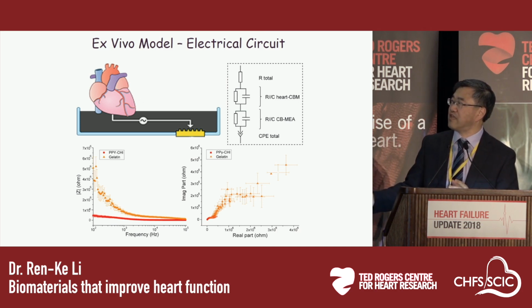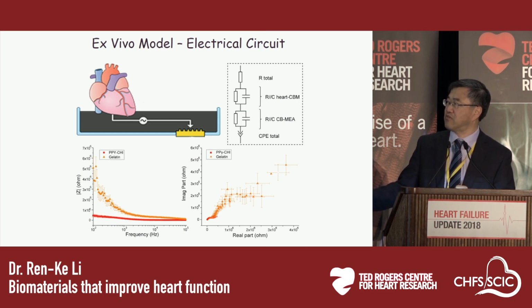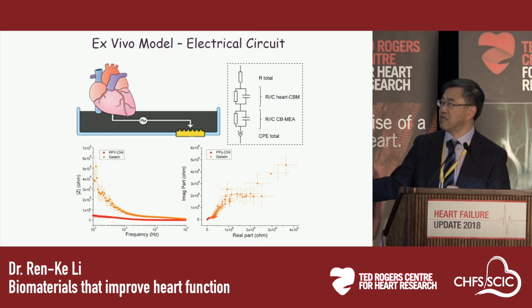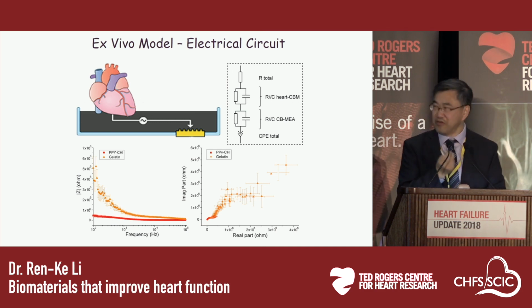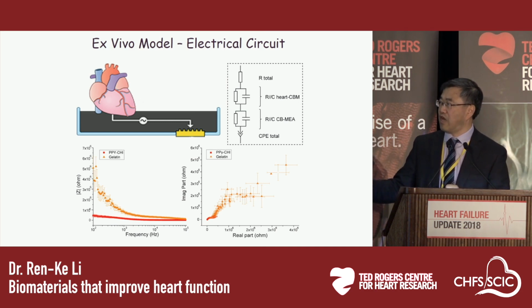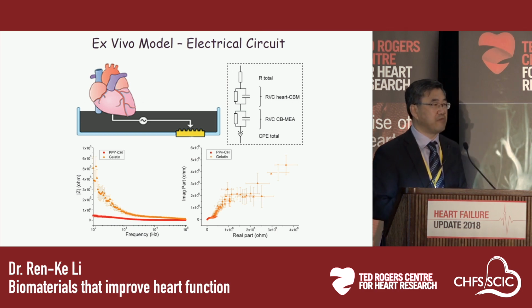So what he found out is the resistance between the heart and the material. They also found the resistance between the material and the MEA. They also found the capacitance of the entire system and the resistance in the entire system. By giving the stimulation, they can calculate how much electrical current is generated and passed through this biomaterial.